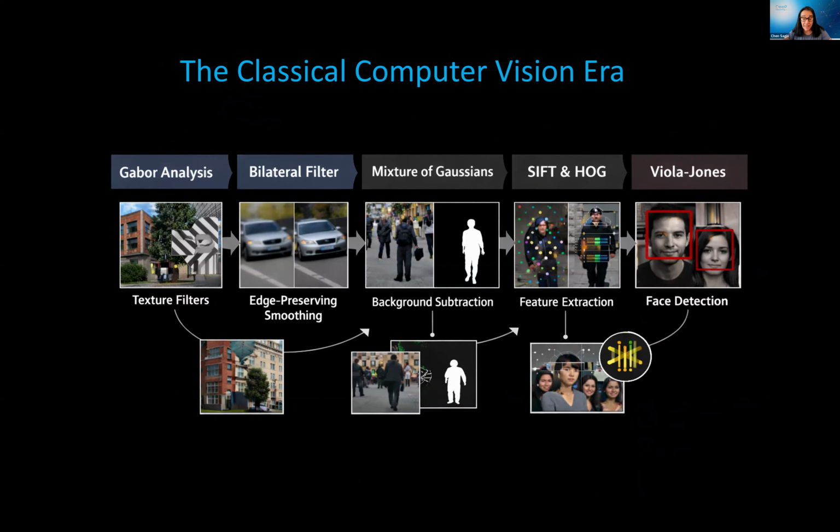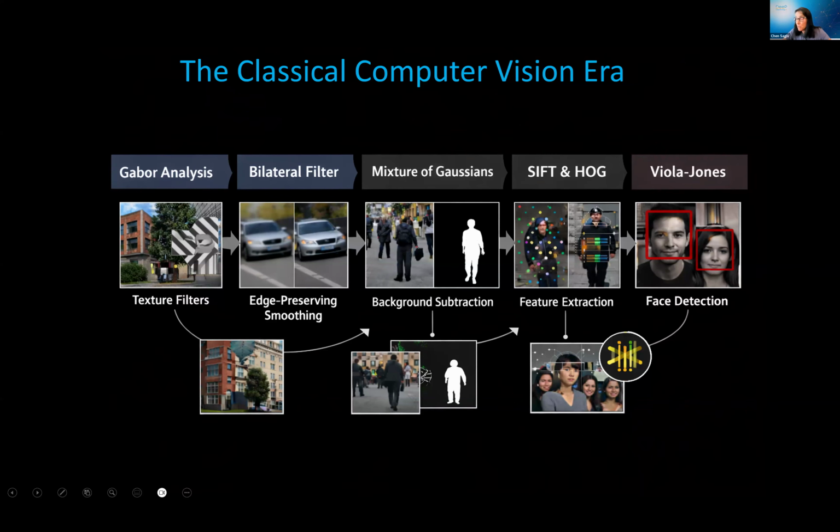Specifically, I was dealing with Gabor analysis, the analysis of images via Fourier-like filters, and this was pretty hot in the beginning of this century. Also bilateral filters, which are a classical and amazing mixture of Gaussians, and also SIFT, HOG, Viola-Jones.